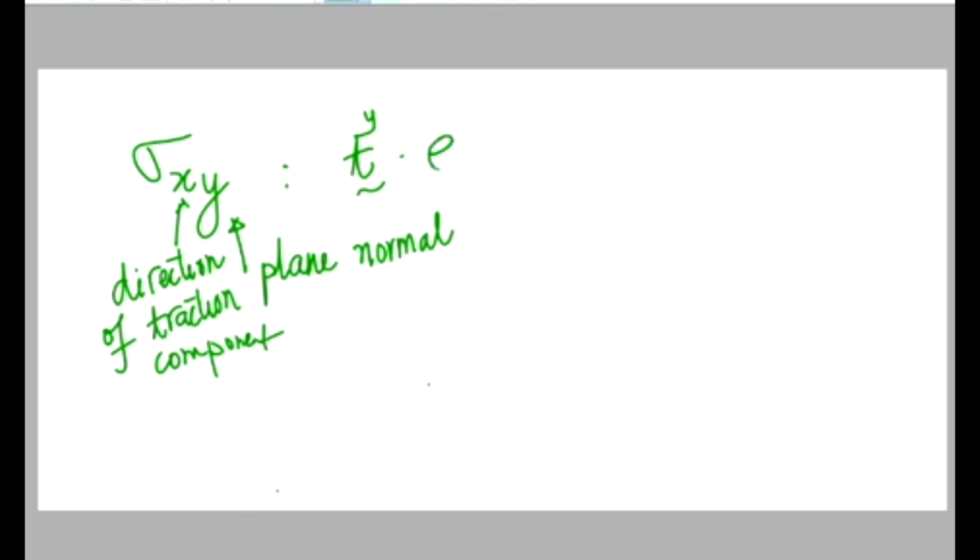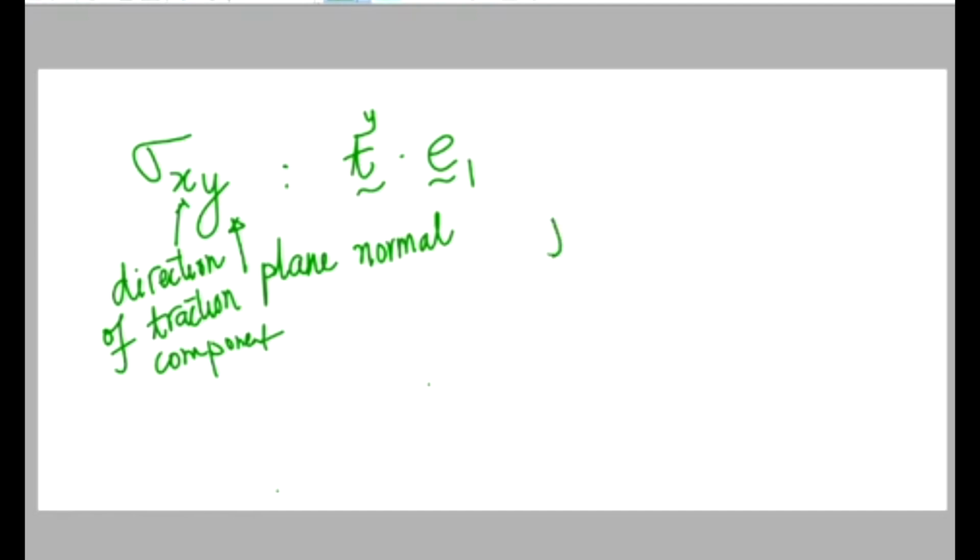Alright? So that's E1 for example, E1 if it is in the x direction. So traction on y plane in the x direction. So that's our convention. But in most of the books of linear elasticity or strength of materials, you will see the notation is somewhat opposite.